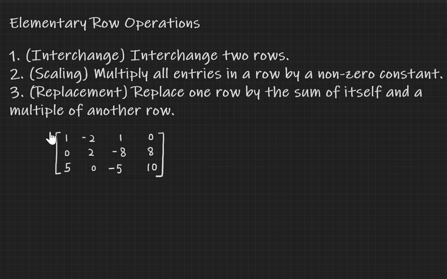If we assume that we have two matrices represented as A and B, then we call these two matrices row equivalent if we apply a sequence of elementary row operations on A to get the matrix B, and we can apply a sequence of elementary row operations on matrix B to get matrix A.